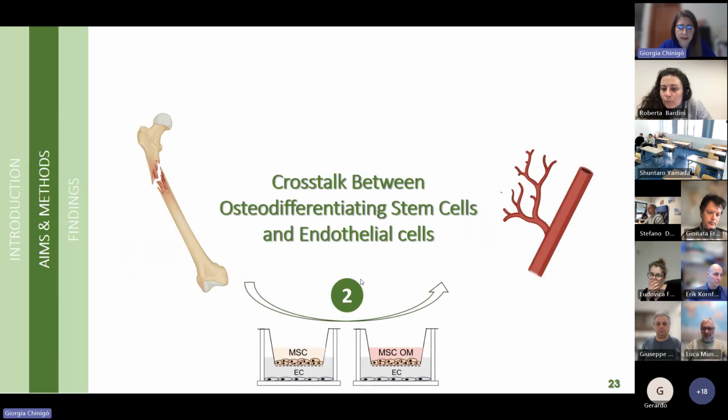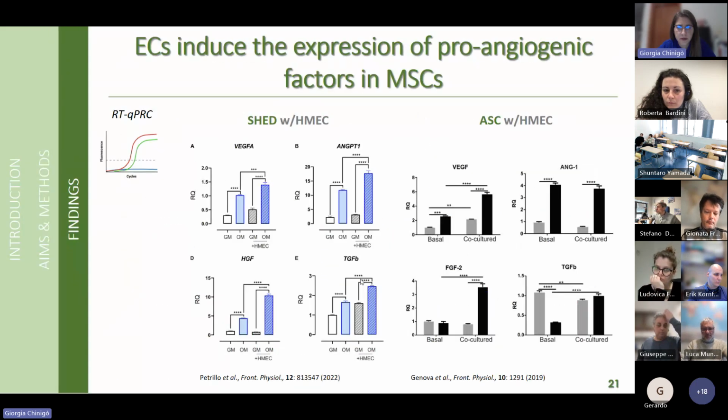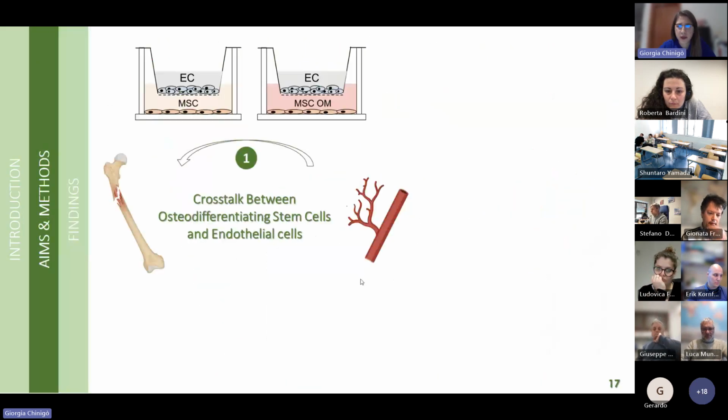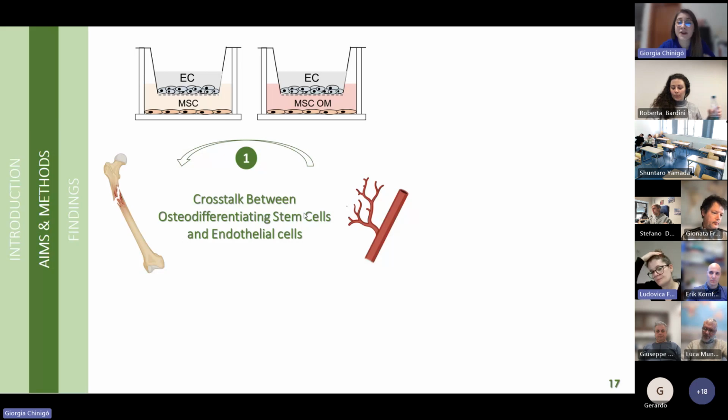Sorry, maybe I didn't explain it very well before, but we used this configuration for culturing the cells, and then all the functional assays that I showed you are made on the cell type that we seeded in the lower chamber, by detaching them and using them.